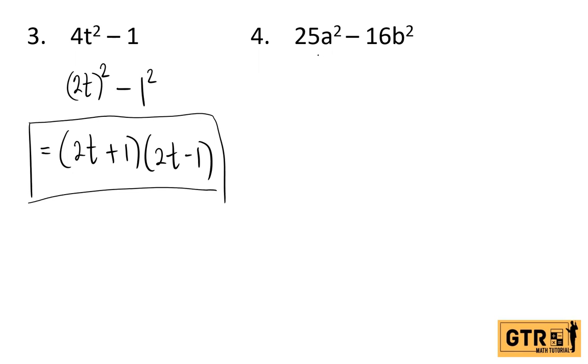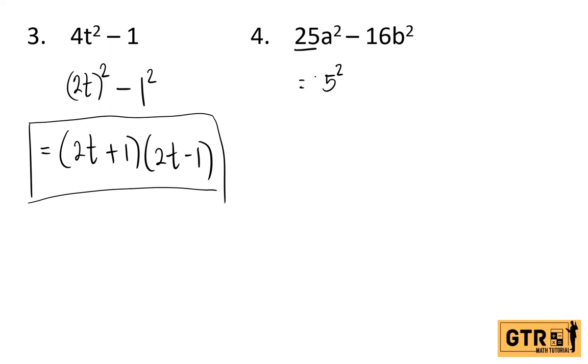So another example, so we have 25a squared minus 16b squared. So dalawa na yung variable natin, pero ganun pa rin ang gagawin natin dyan. So 25, i-express natin as exponential form. So 25 is 5 squared and then we have a squared.